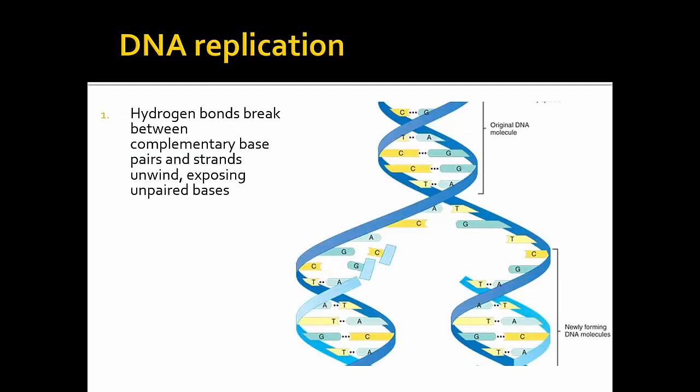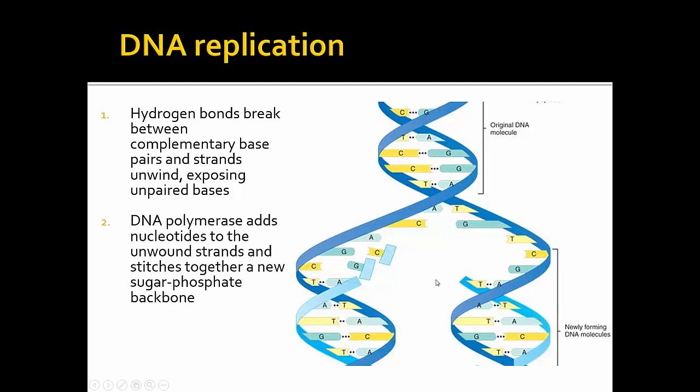So here's what DNA replication looks like. The first thing that happens is the strands of DNA begin to separate. So the hydrogen bonds between the two strands break apart and it unwinds. So that exposes the base pairs in the middle. There's an enzyme called DNA polymerase. So DNA, poly, multiple, and ase means an enzyme.